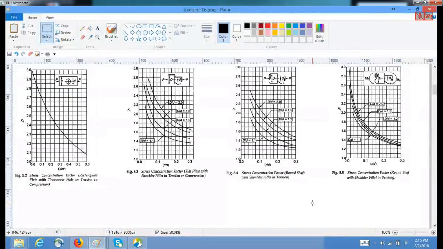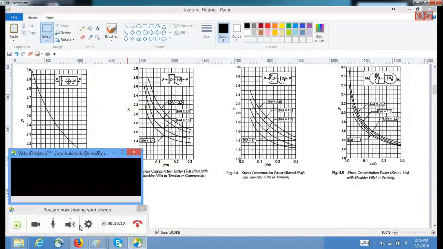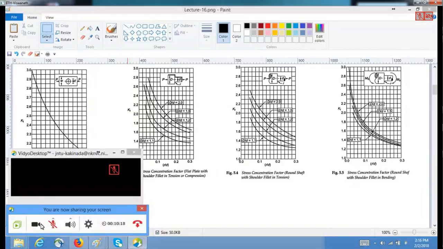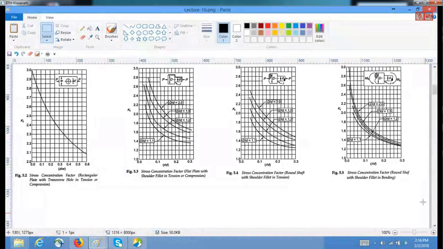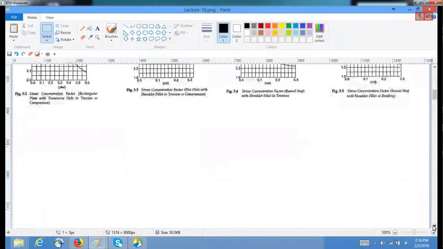You can see that the stress concentration factor in this case is dependent upon d by W, the kind of maximum stress concentration factor.